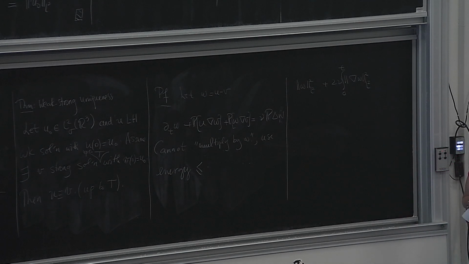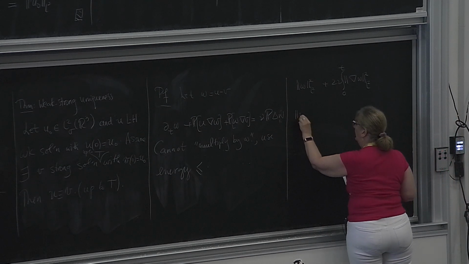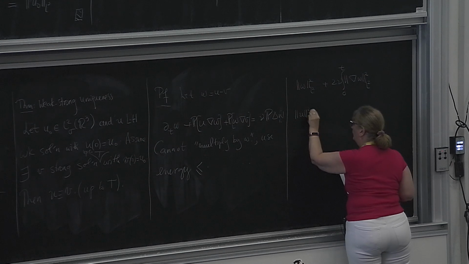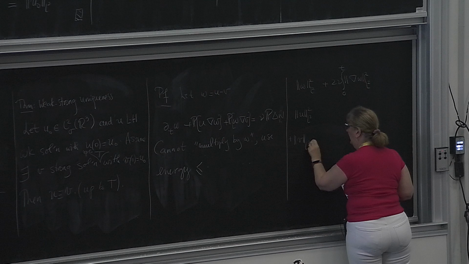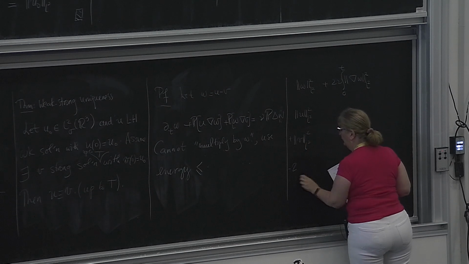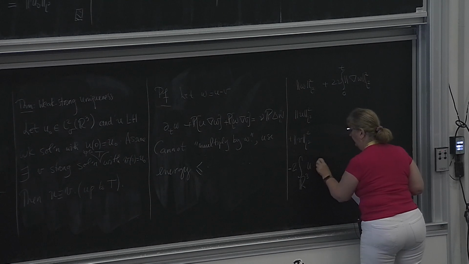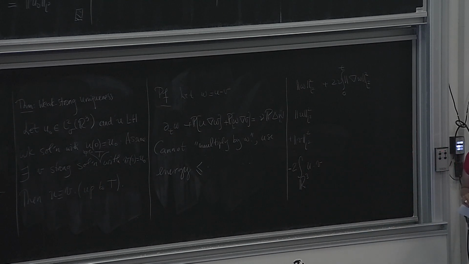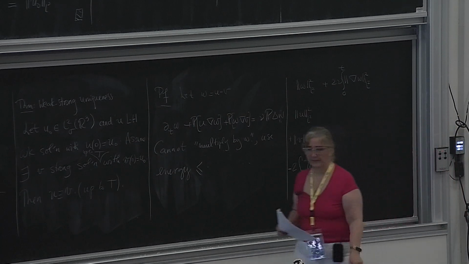So the L2 norm of w squared is the L2 norm of u squared plus the L2 norm of v squared minus 2 integral over R3 of u dotted with v. All of this is at time t.